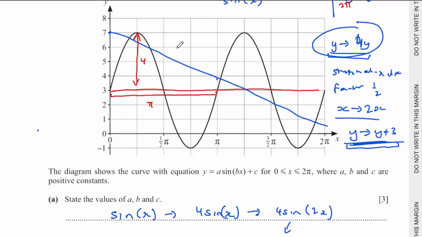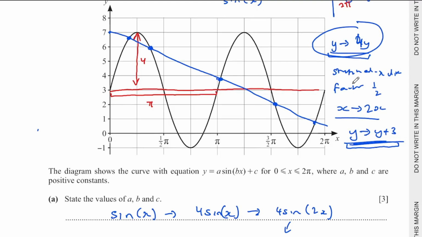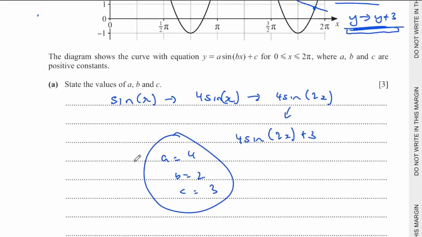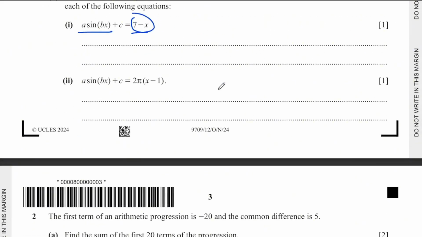So how many solutions do we have for this? 1 right here, 2 right here, 3 right here, 4 right here, and 5 right here. The solutions are where these two intersect, right? And so we would have 5 solutions for this.